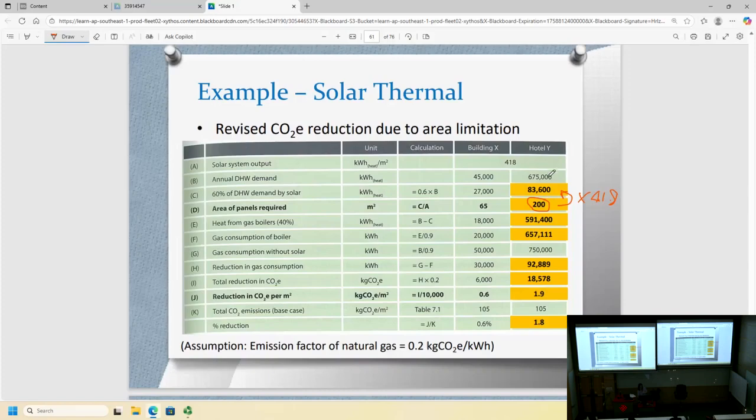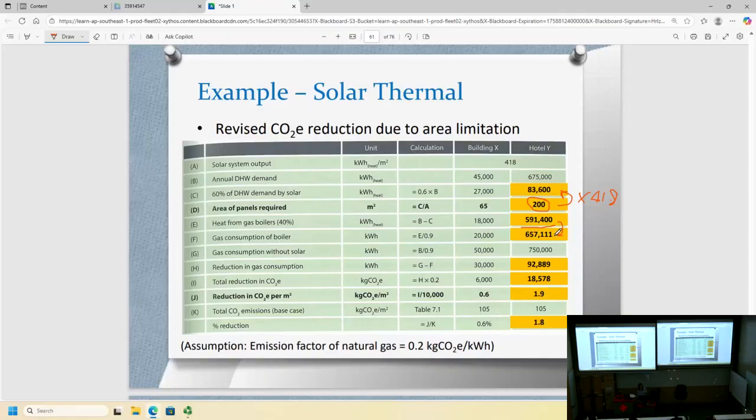So B minus C. So 675,000 and then minus 83,000, and we have 591,000 something kilowatt hour, which is the required heat provided by the gas boiler. And the gas boiler has an efficiency of 90%, so divided by 90%, and we have the capacity. This is the consumption of the gas boiler.